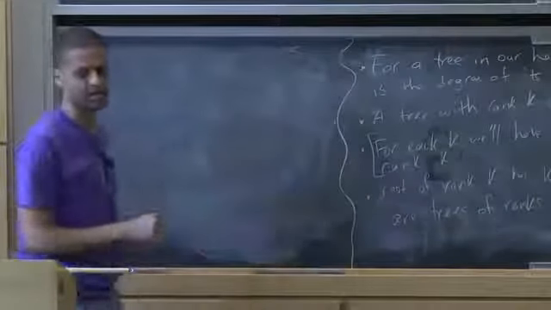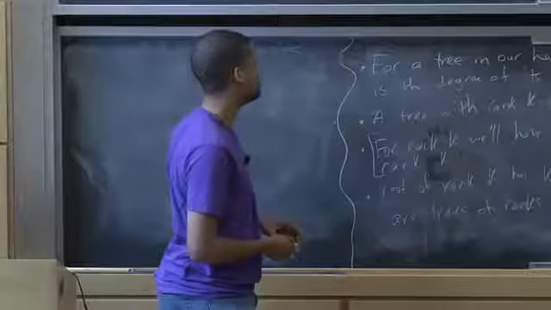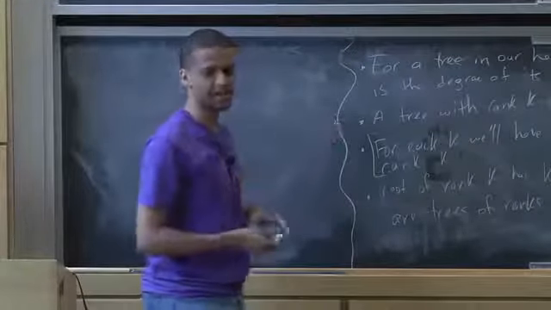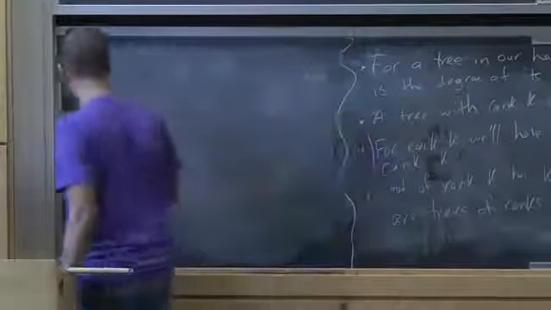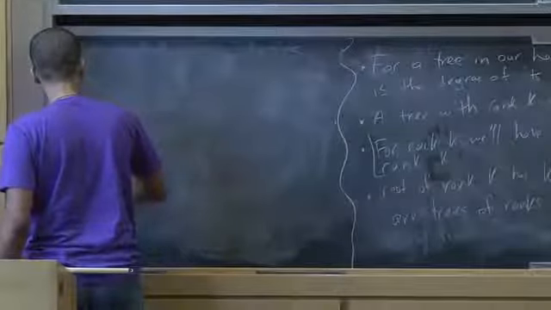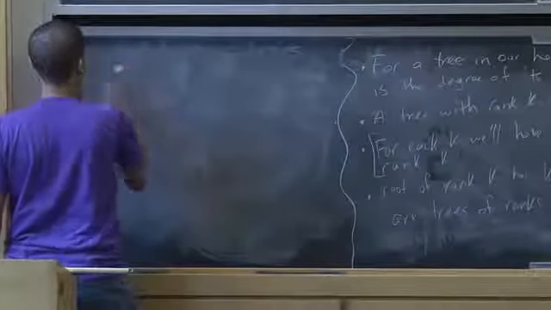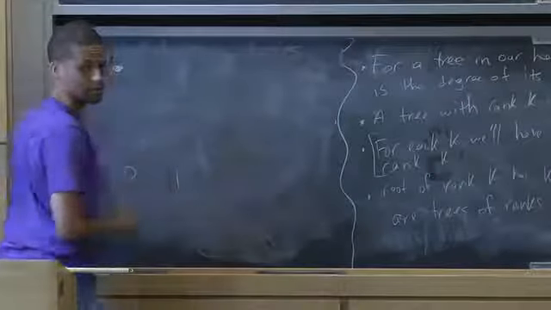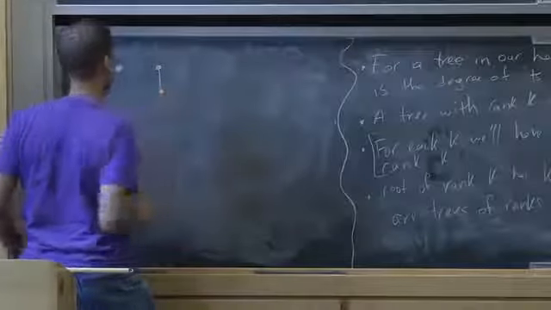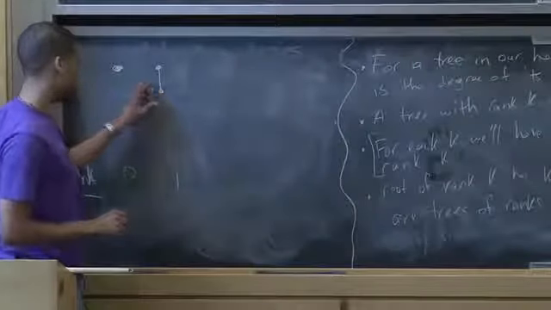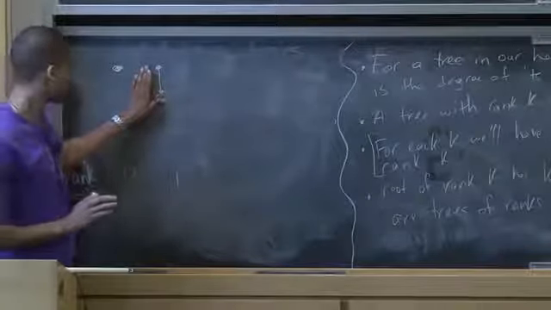Now let's take a look at what a tree of rank k can look like in a Fibonacci heap. Let's say the rank is 0. It'll look like this. If the rank is 1, it looks like this. This is what it would look like if it were a full rank 1 tree, like in a binomial heap.